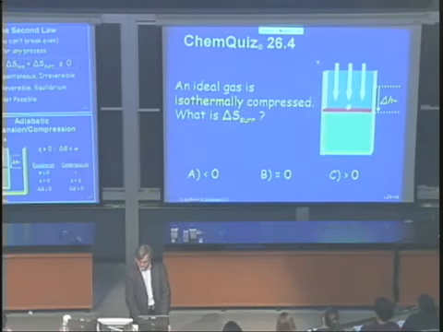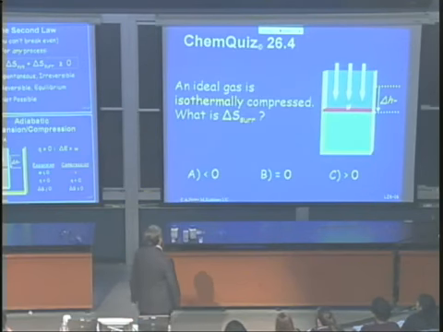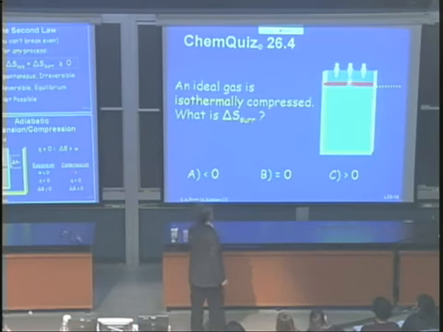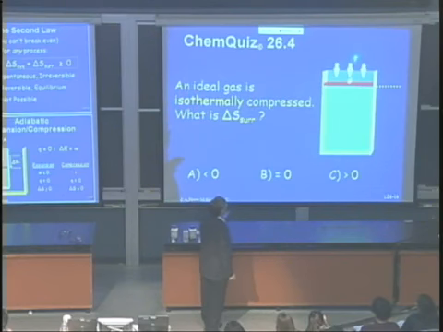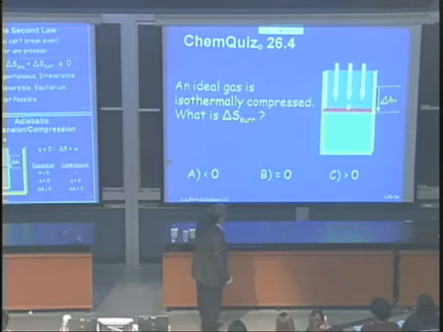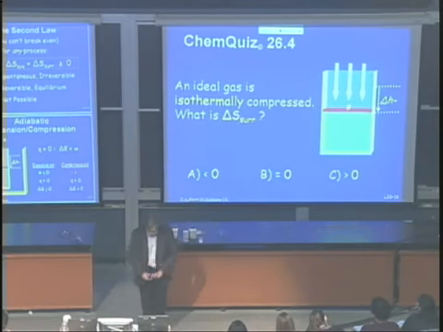So let's first look at the system itself. We have isothermally compressed. So we do work, I'm looking at the system, not what this question is referring to, just at the system. We compress it isothermally, we do work on the system, the energy of the system goes up, okay?